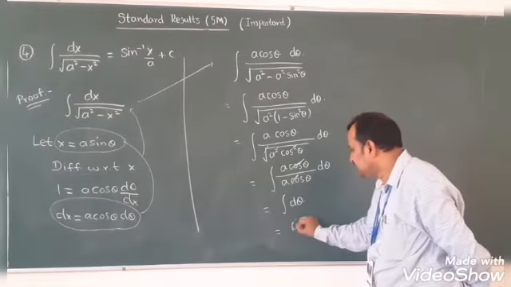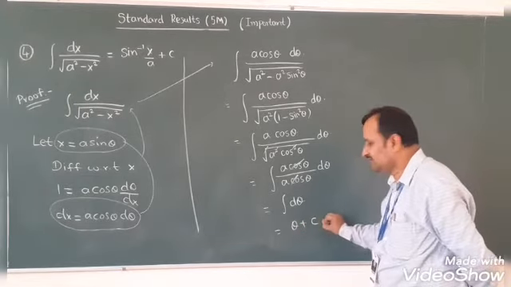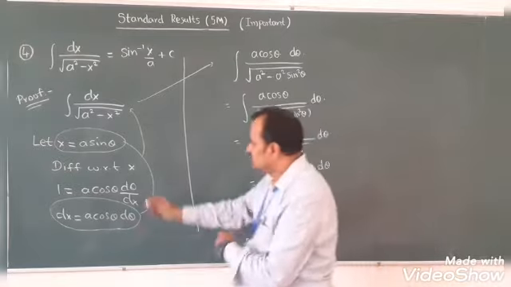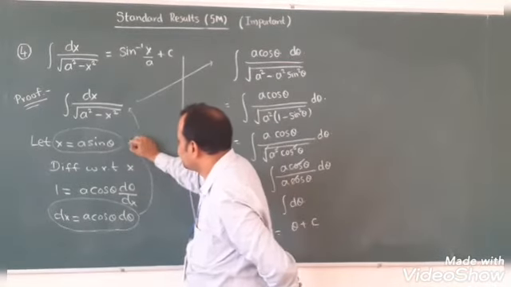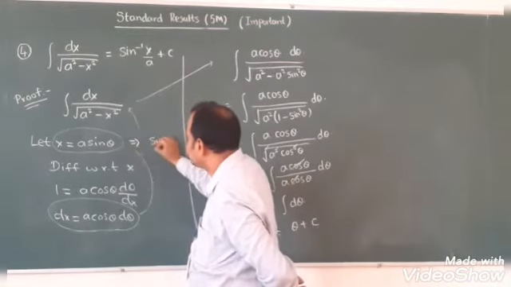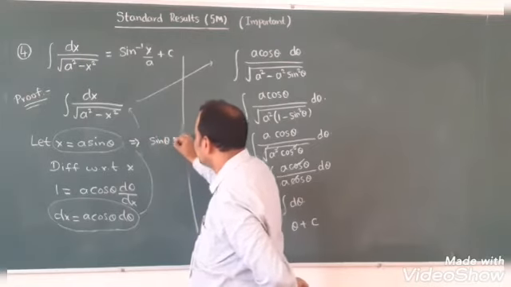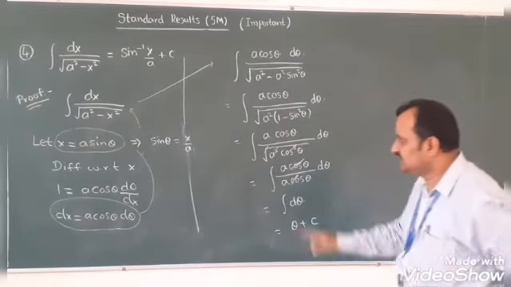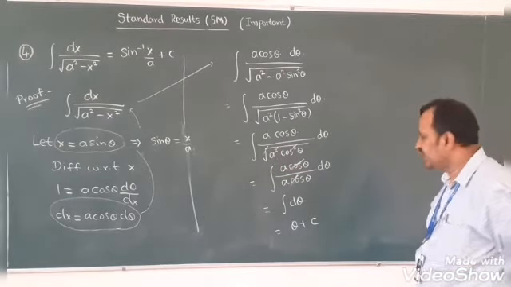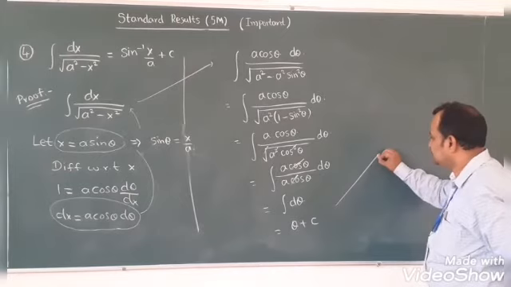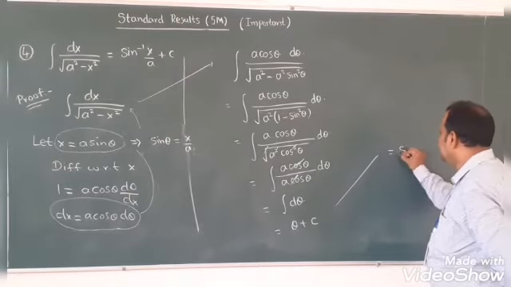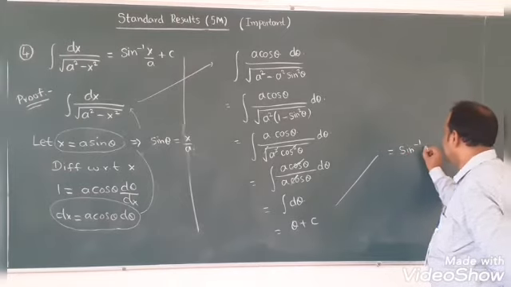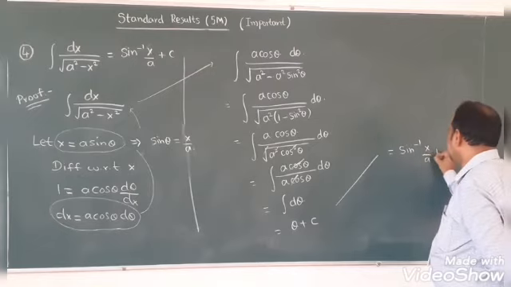It is nothing but theta plus c. Now what is theta? From this, what is sin theta? Sin theta is nothing but x by a. So theta is nothing but sin inverse x by a. So from this we can say it is nothing but sin inverse x by a plus c.